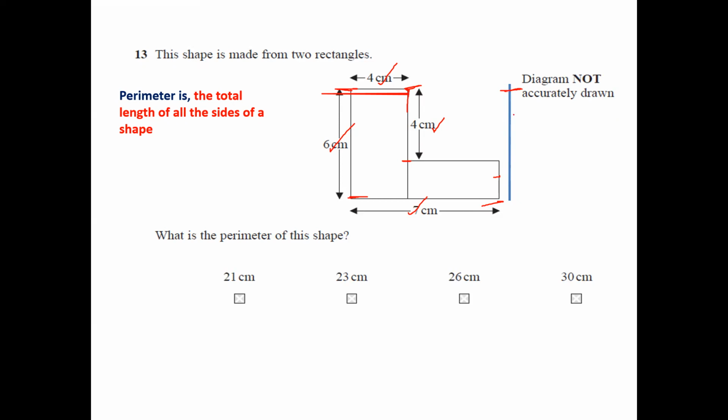So therefore, from here to here also should be 4 centimeters. So the total length is 6. Out of that 6, this part is 4 centimeters. So therefore, this side should be 2 centimeters.